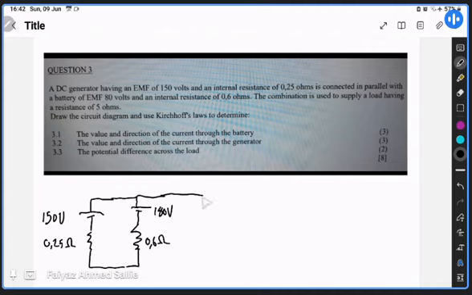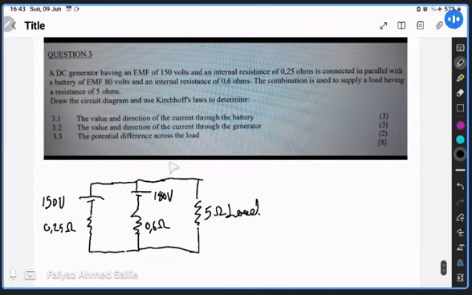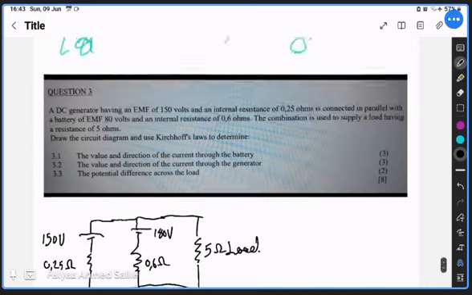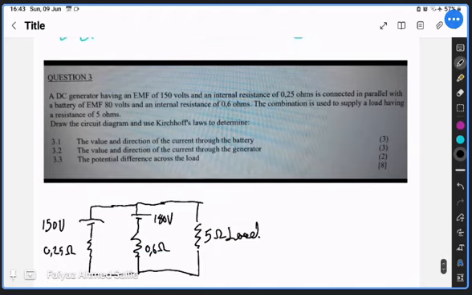So we have another load here. This is our load, which has a resistance of 5 ohms. The first question is 3.1, the current through the battery. Okay, the current through the generator. So let's label these diagrams.